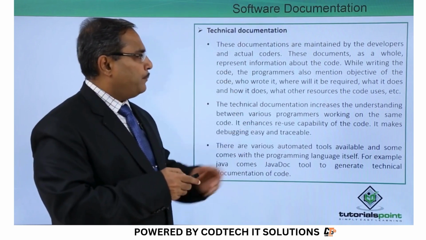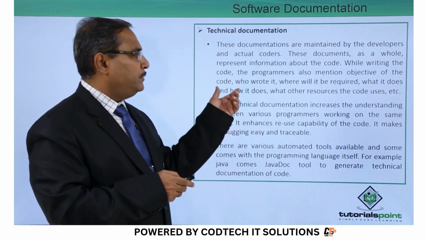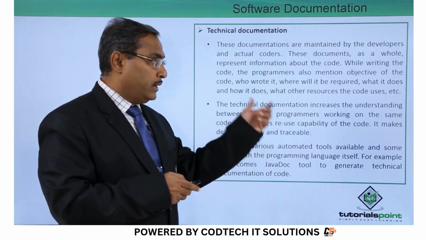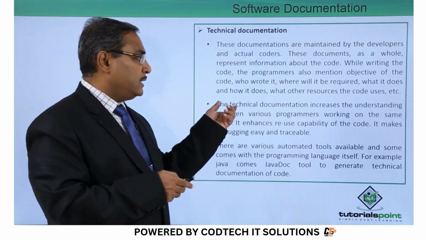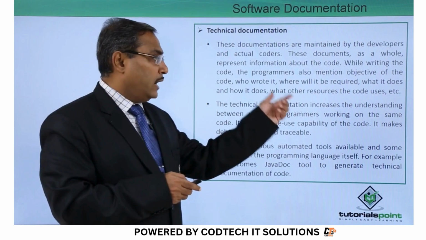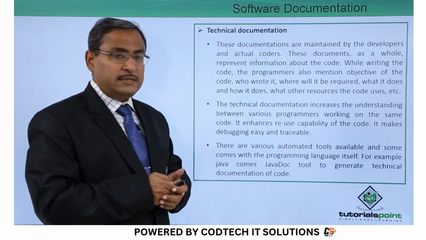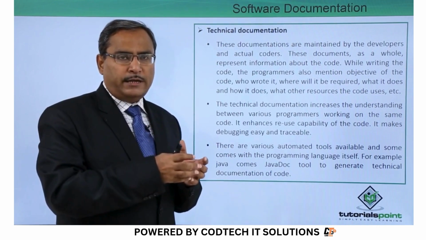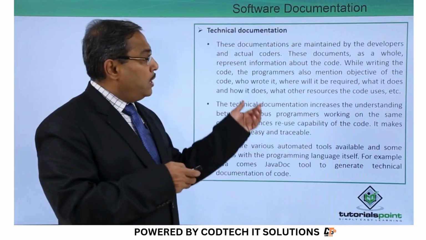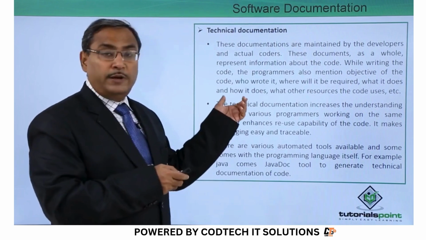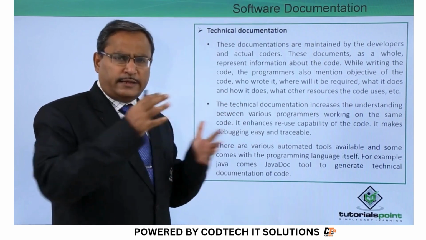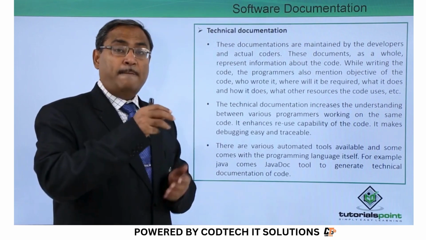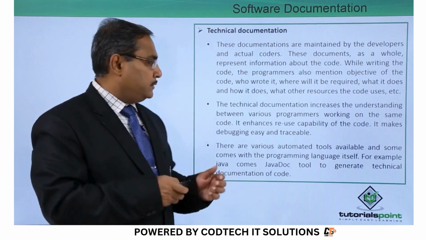While writing the code, the programmers also mention the objective of the code, who wrote it, where it will be required, what it does and how it does it, what other resources the code uses, etc. So depending upon what is to be implemented, what is the purpose of the code, what other resources it requires, and who wrote it, all this detailing will be kept in the respective technical documentation, because it is very close to the coding part.